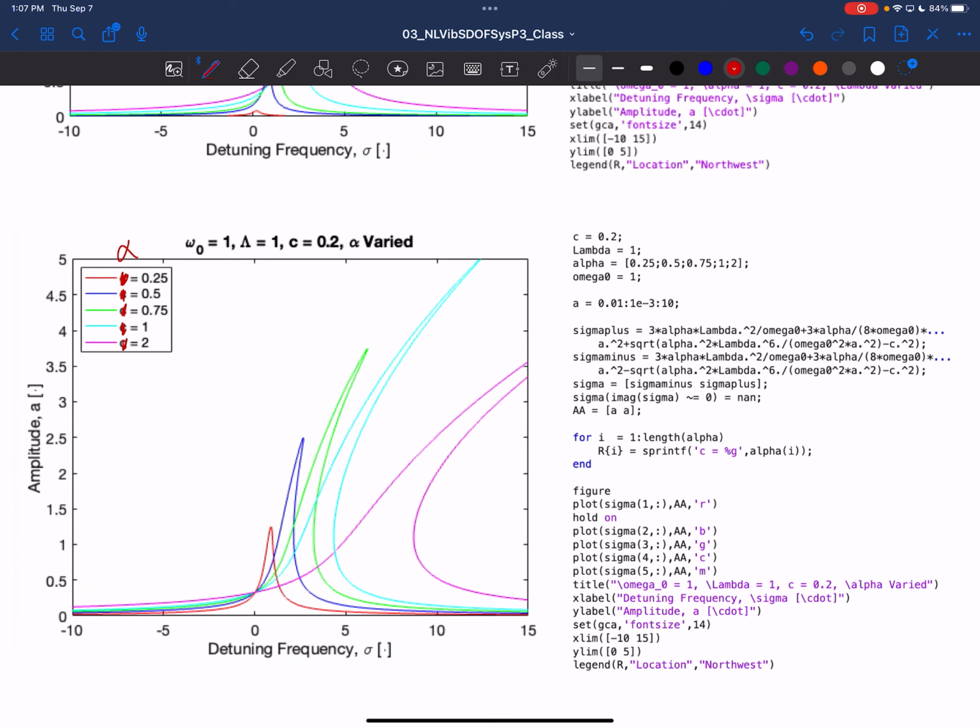Yeah, in that code, instead of C here, this should be alpha instead. So as you increase the nonlinearity and you keep the amplitude the same, again, these curves shift on over.